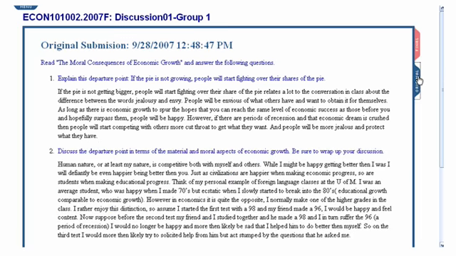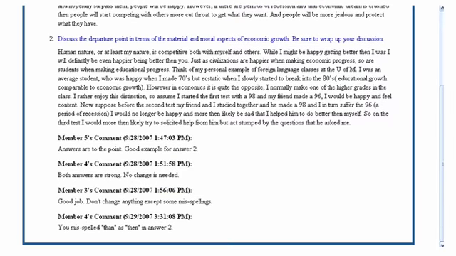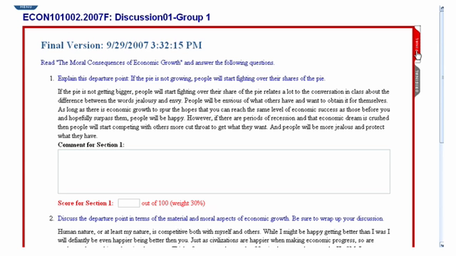Clicking on the earlier version tab would reveal the members' comments. Grading is done on the final version. The instructor may comment on the answers as well as assigning grades. 100.